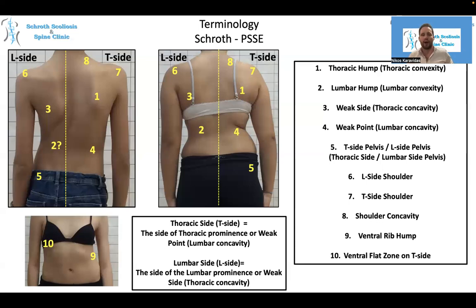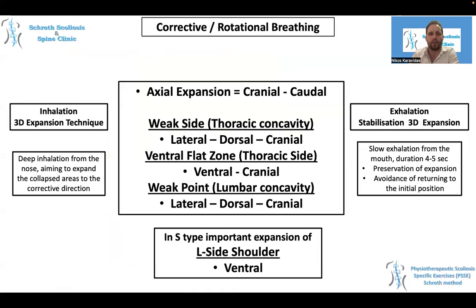So this means that you have ventral flat zone on the L side in front of the thoracolumbar hump, and at the same time you can have ventral thoracolumbar rib hump on the other side. So these are new terms that were introduced from our school.